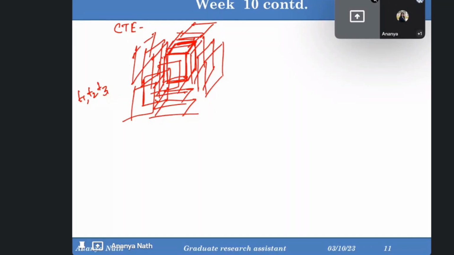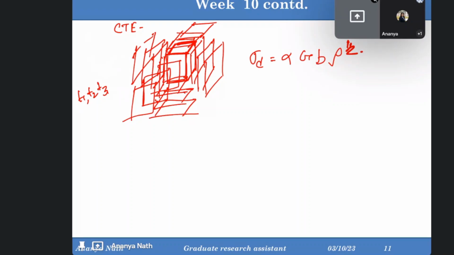The dislocations will be arranged like that due to the difference in the coefficient of thermal expansion of the particle and the matrix, due to which a thermal stress is generated, denoted as sigma d, which is given as alpha G b square root of rho. Rho is the dislocation density.